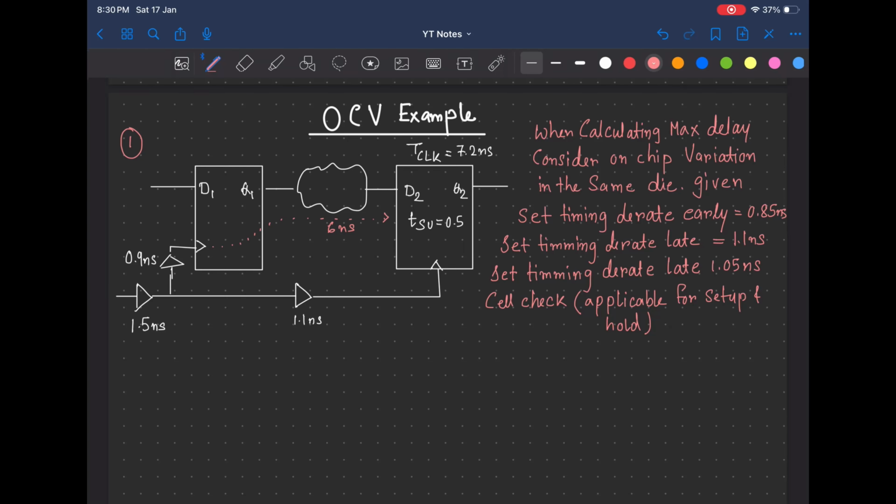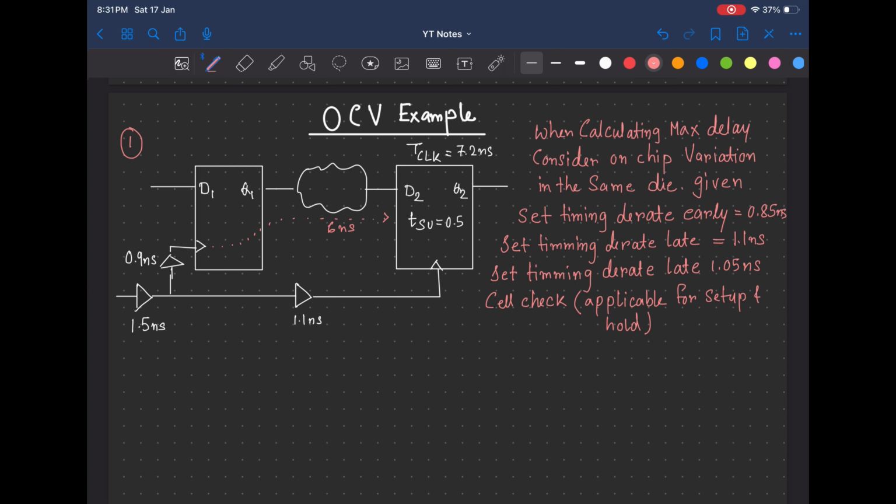In this lecture, if you remember the last lecture, lecture number 11, we mostly discussed the OCV concept, how OCV is modeled in STA, what the sources of OCV are, and how we can model it in a mathematical expression.